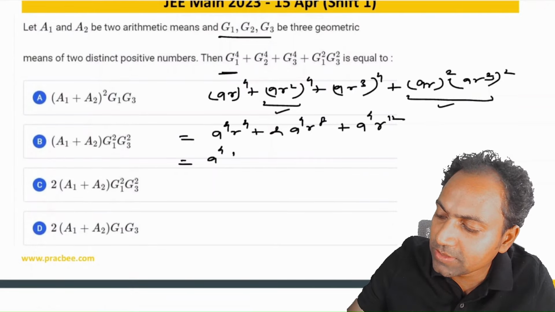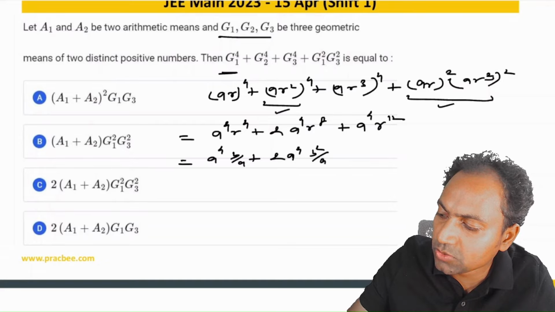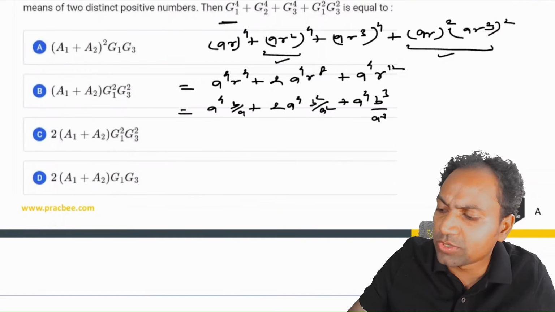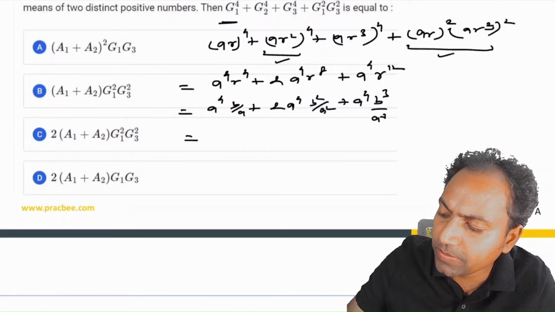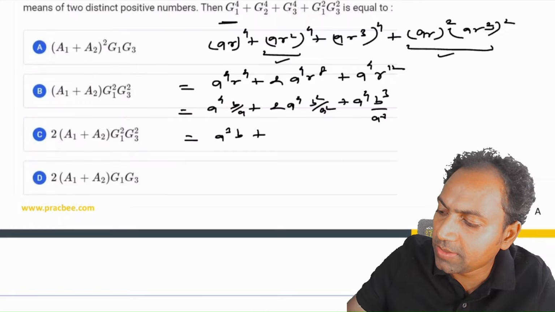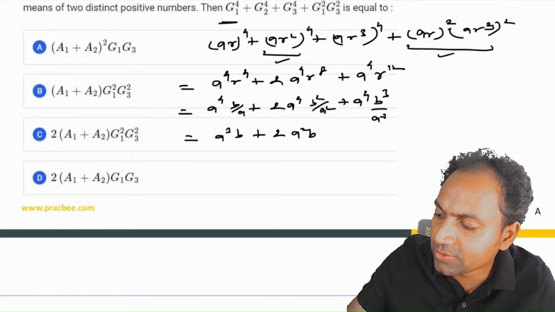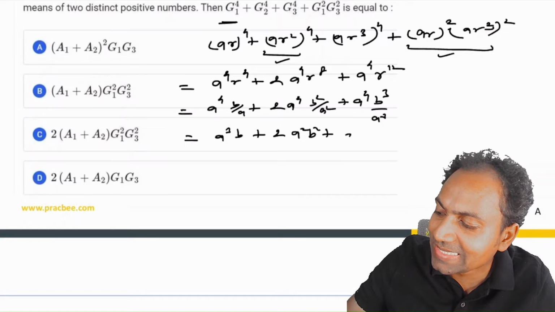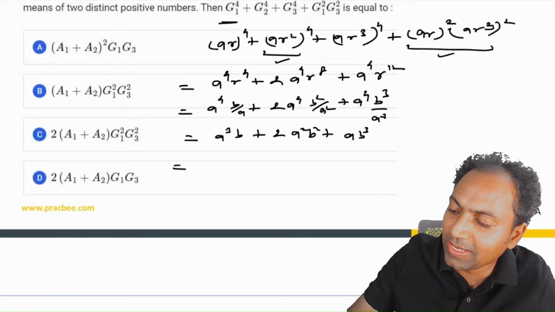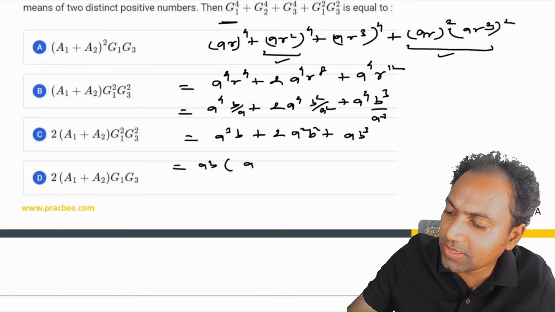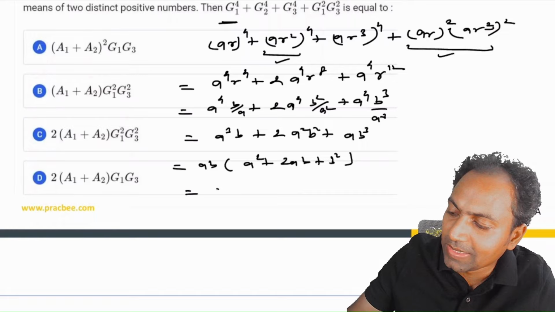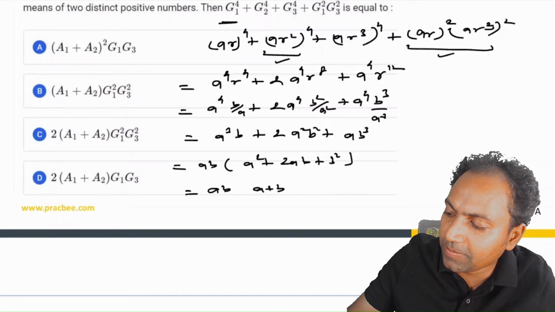So it becomes B by A, B square by A square, and B cube by A cube, each multiplied by A raised to the power 4. And if you do this very simple substitution, what you get from here is A cube B plus 2A square B square plus AB cube. And if I take AB common, this becomes A square plus 2AB plus B square. That can be written as AB into A plus B whole square.